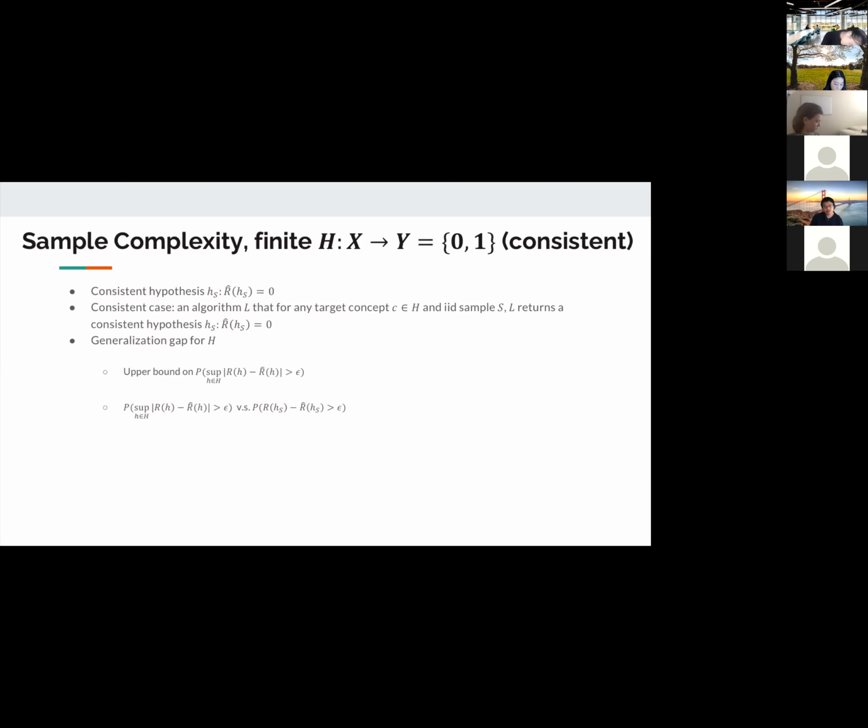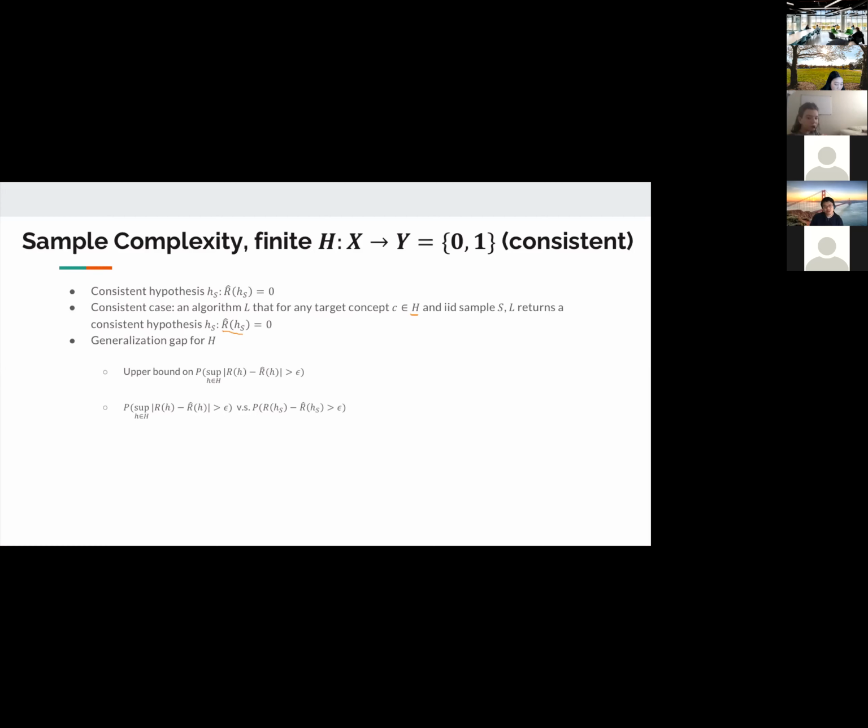Also, the consistent case usually means that for an algorithm L, for any target concept within H, given an IID sample S, L returns a consistent hypothesis h_S with R hat of h_S being 0. So the empirical error of h_S is 0. This is a very interesting result, right? It has a lot of limitations, but most importantly, I want you to focus on the R hat of h_S being 0.